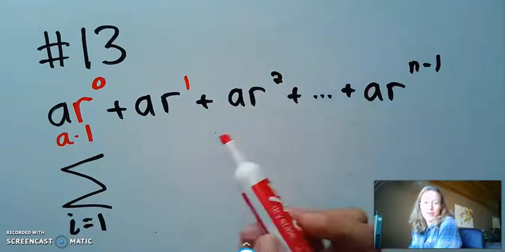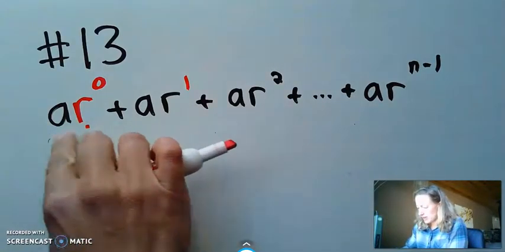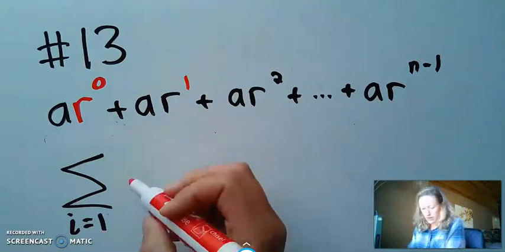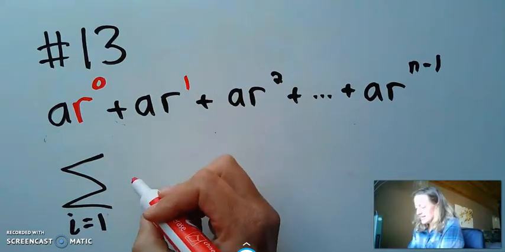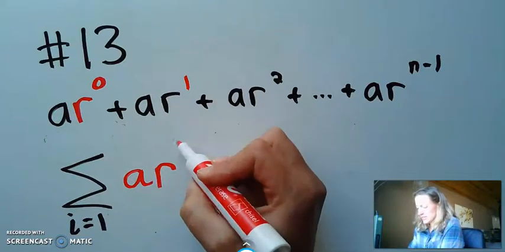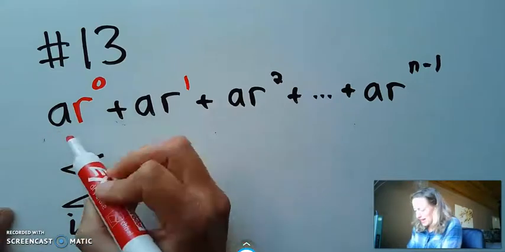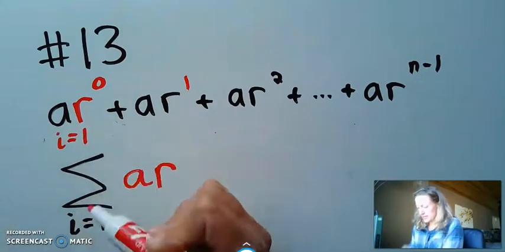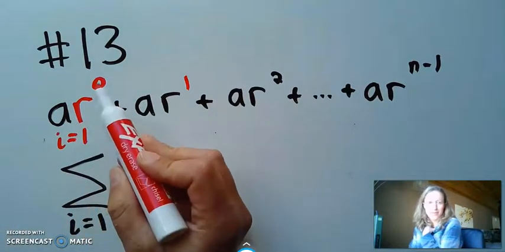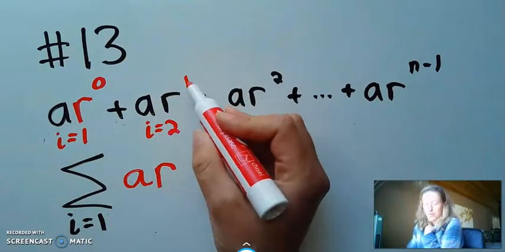It keeps going up. But our issue is this ticker starts at 1. They want us to start it at i equals 1. And so when we go to write our formula, definitely there's a's in there, definitely there's r's in there, and there's definitely an exponent here. But for this one, i is 1. This is the first term, and our little exponent is a 0. And here's our second term, and our exponent's a 1.